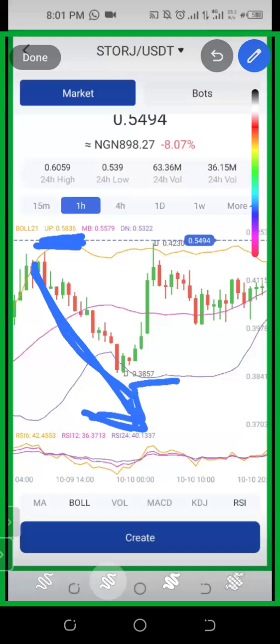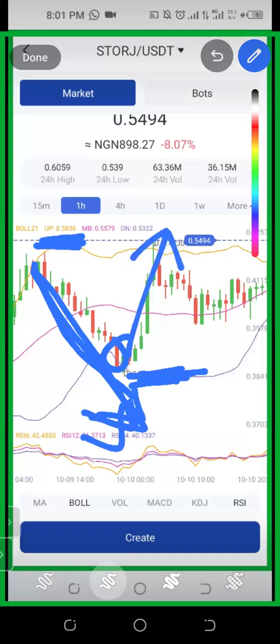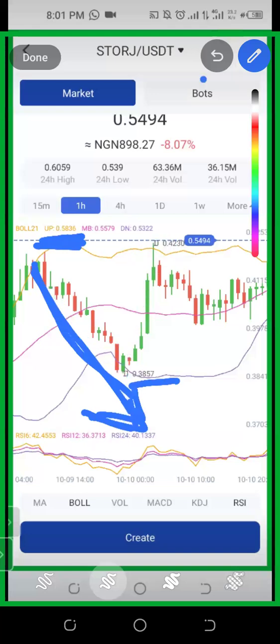Even me, the moment I see this kind of downtrend where the last red candle breaks this last lower band, I will enter this trade because I know it will go up. But later we discovered that an inverted hammer formed here, and it made the trade spike up.